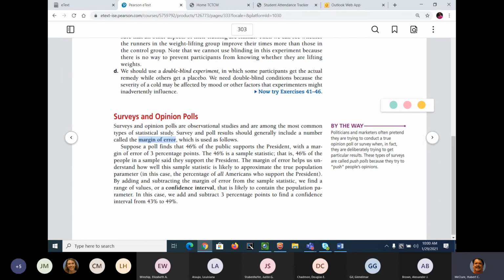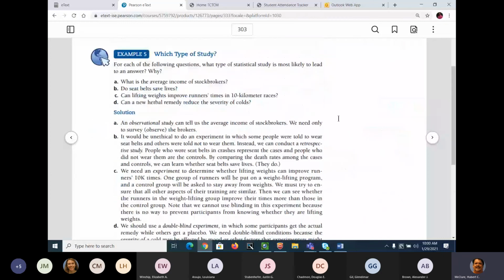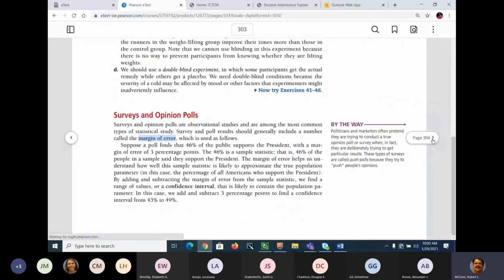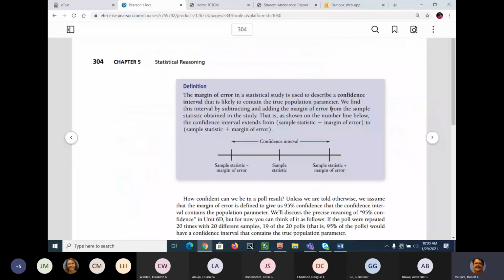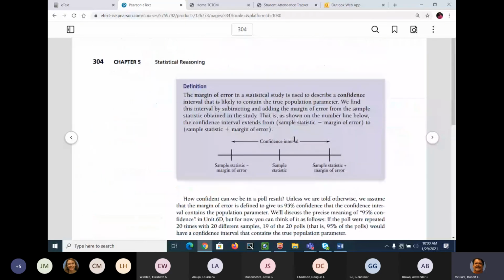If y'all could write in your notes that we're stopping at margin of error, and that is still 5A. Write down confidence interval. The confidence interval is 1 margin of error to the right and 1 margin of error to the left. And we're not going to talk about that in chapter 9. Chapter 9 is Math 120.